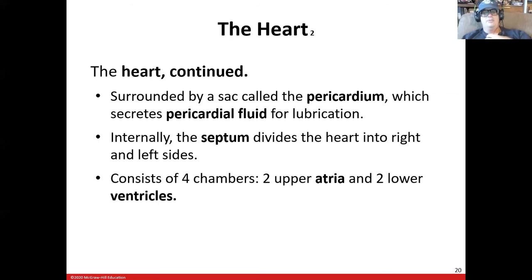So the pericardia around the heart, easy to remember because cardia, the pleura around the lungs, but same thing. You got a visceral layer, parietal layer, and slippery fluid between them. All right, so human heart, other animals different, but human heart, 2 atria at the top, 2 ventricles at the bottom. Atria contract and push blood to the ventricles. Ventricles contract and send blood away from the heart.